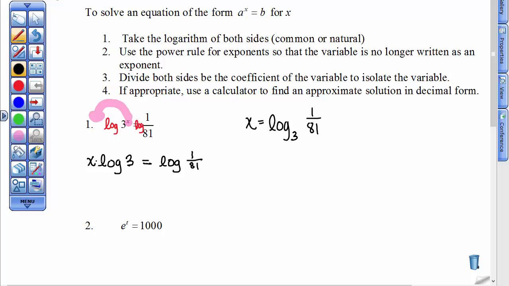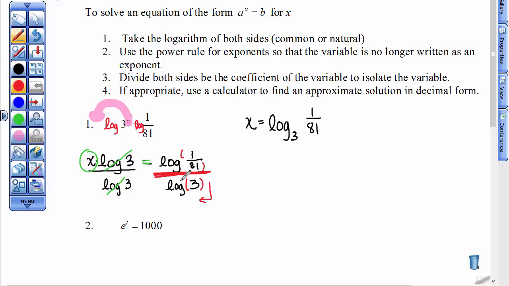Now to solve for x, it's x times that log of 3, so I'm going to divide by the log of 3. This is the change of base theorem. This is gone now, and x is all by itself, and it would be found by typing on your calculator the log of open parentheses 1 divided by 81, close your parentheses, then the division sign, and then log of open parentheses 3, close parentheses, and then hit enter.